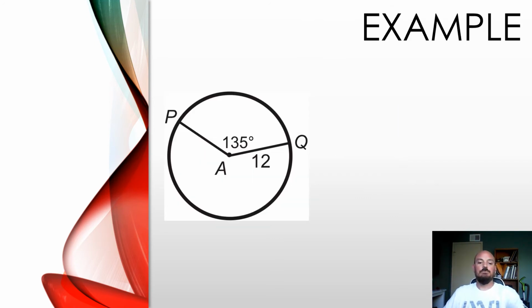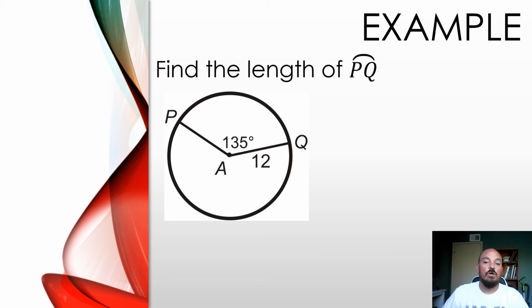So let's try one out. Let's find the length of arc PQ. Here's point P and here's point Q. Because I only use 2 letters, you know it's the minor arc. It's the fastest way from P to Q. So I'm talking about this arc that I'm highlighting in purple.